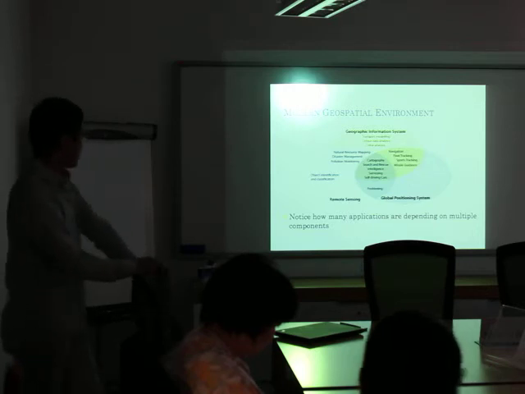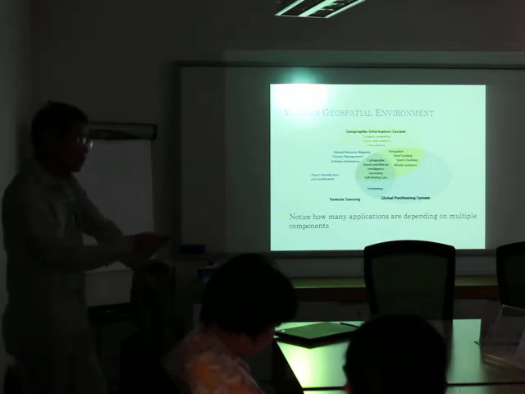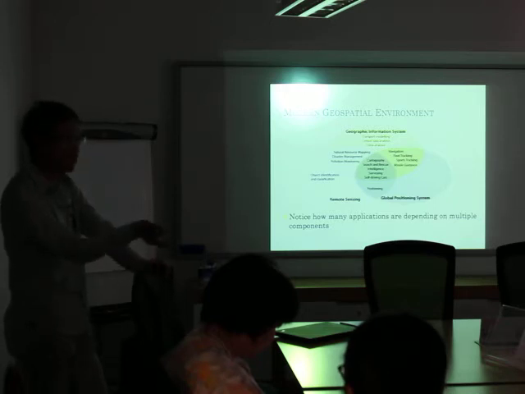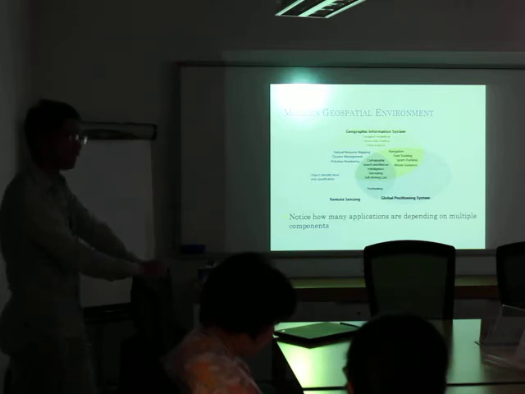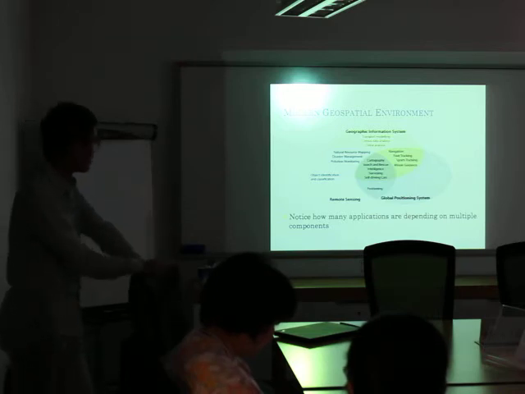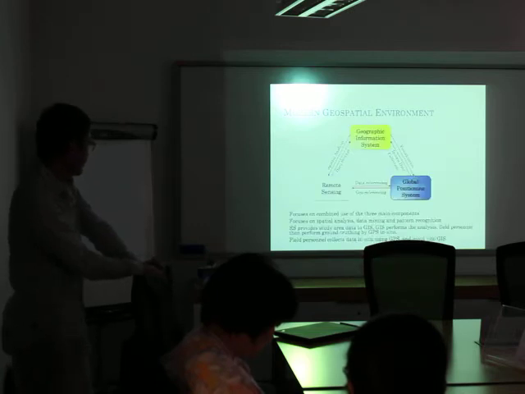As I said, the modern usage of geospatial technology is really about those three components that I talked about: GIS, remote sensing, and the global positioning system, GPS. They are nearly always together. You can't really work on one without dealing with the others. There are always interactions between the three.